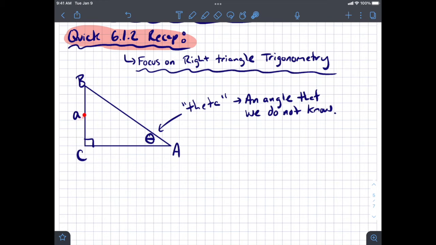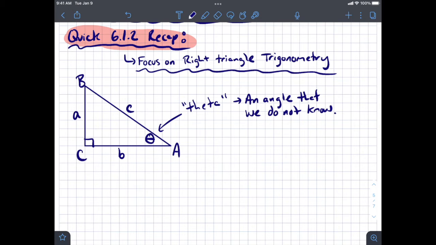Notice I'm using a lowercase letter to represent that side length, while the capital letter is our angle. Similarly, if this is our angle B, opposite that is lowercase b for that side length. And similarly, our capital C, opposite that is our lowercase c. Having this naming convention is really useful as we get further in this chapter with some of the equations that we're going to be using.